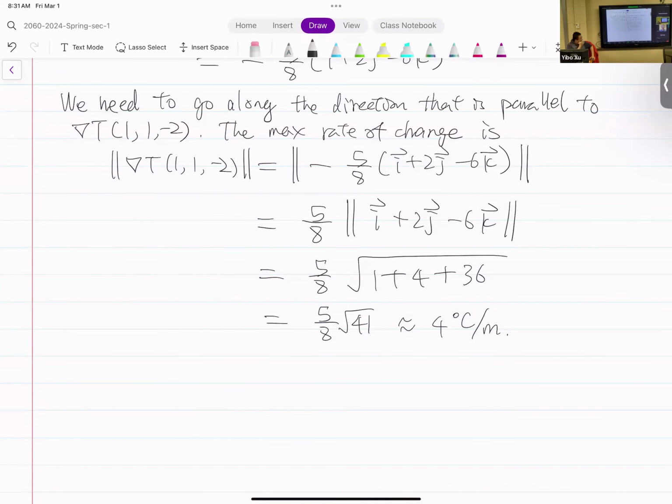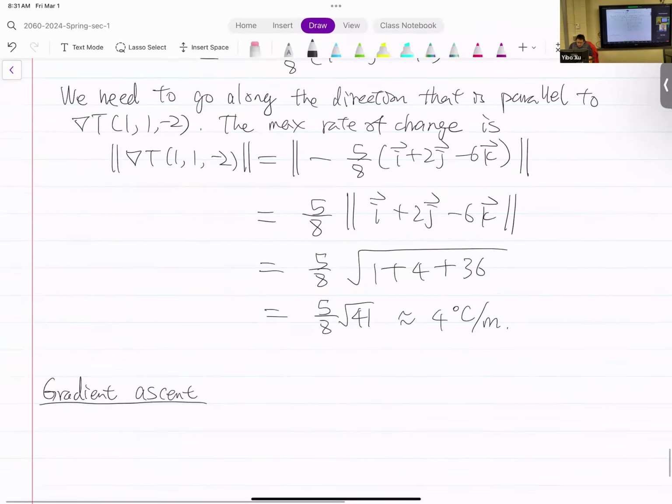Right, so now the last concept of this section is about gradient ascent. So now, for whatever point that is on your domain, you will be able to calculate the gradient of a given function, right?